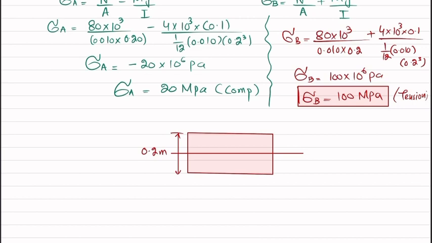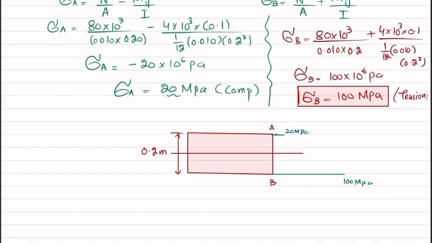This was point A and this was point B. So at point A, we have compressive stress, which is 20 megapascal, and at B we have 100 megapascal.